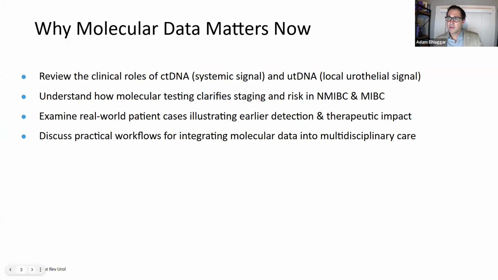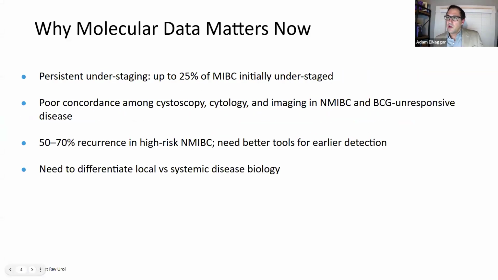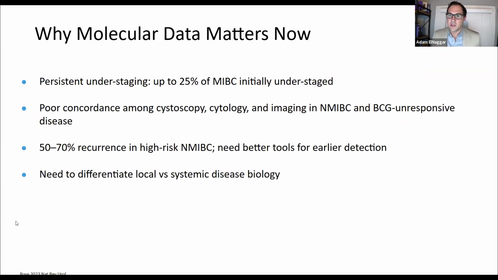to this webinar. And so, why molecular data within this place? Why is there a need? One is the understaging. So, we know that a lot of muscle invasive bladder cancer can be understaged when you're going in or managed as non-muscle invasive when it is muscle invasive. So how do we manage that?